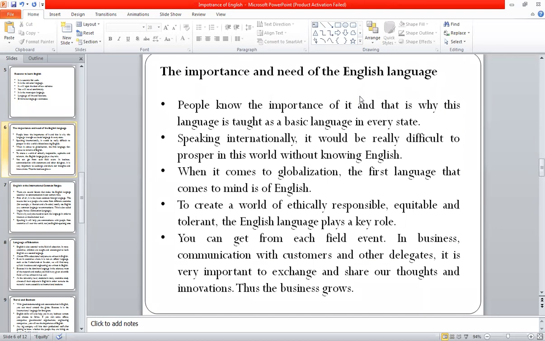So in the last lecture, we discussed the importance of the English language and why there is a need to study or learn this language.